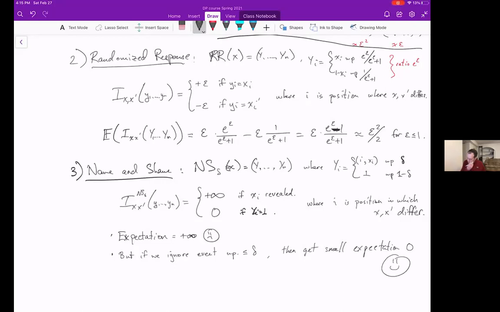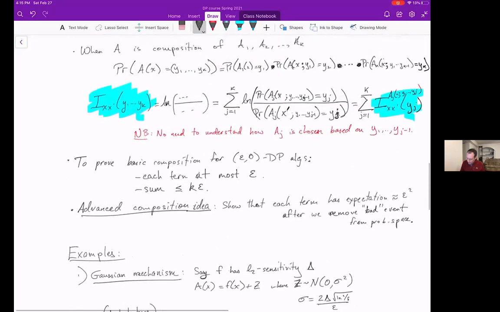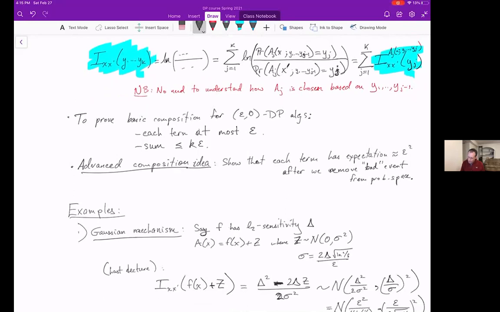And what that suggests is, going back a second to the sum that we care about at the top here, as long as we can take away these k bad events, one for each of the algorithms we run, if we can somehow separate those k bad events out, then among what's left, we'll have a sum of random variables with very small expectation, and we'll be able to get a tight band.